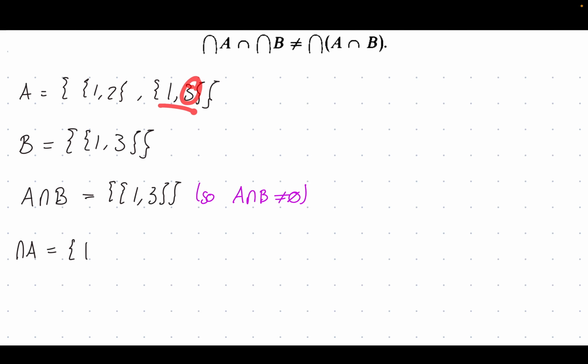And the same goes for 3, which appears in this element, but is not in this element. So it turns out that the intersection of A is just 1.